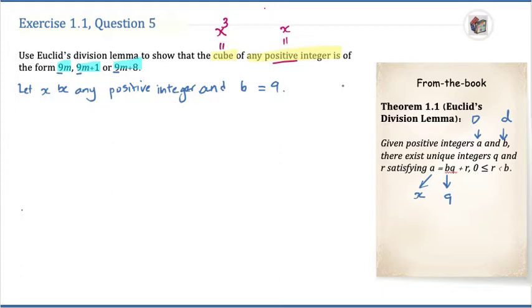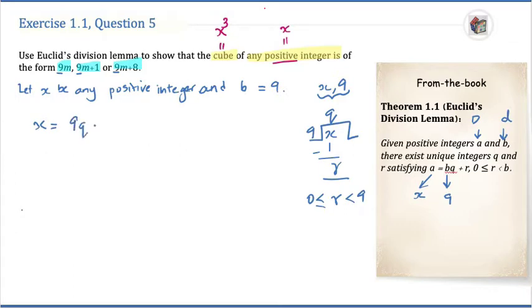Then when you apply Euclid's lemma on x and 9, when you divide these two, there definitely will be a quotient q, and ultimately there will be a remainder r, which can be anything greater than or equal to 0 but less than 9 for sure, and therefore you can write it using our lemma as x is equal to 9q plus r, where yet again this is the range of values of r.